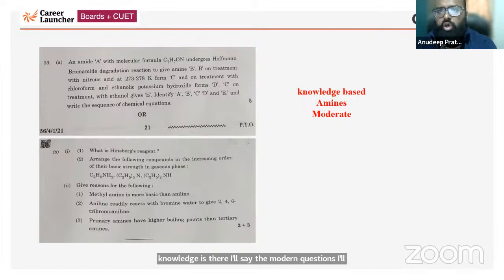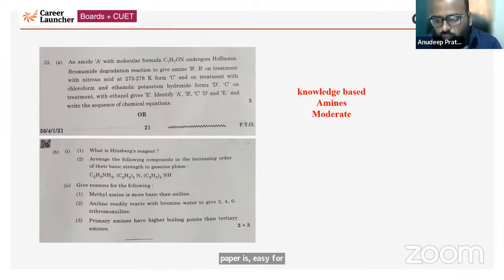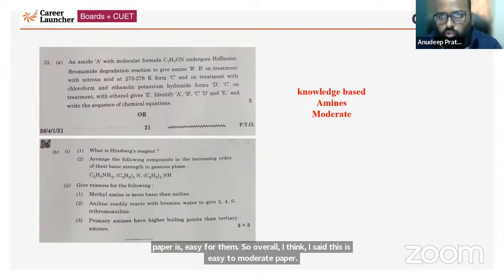We have discussed all these questions in our regular classes, in our DPPs, and in our revision classes, and in our mocks we have given similar types of questions. So overall I think the students might have felt it was easy. I have talked with some students also, and they said the paper is easy for them. I think everyone must have done well.